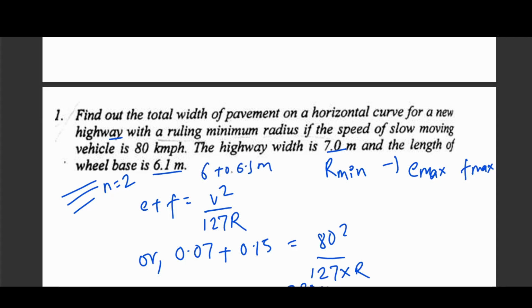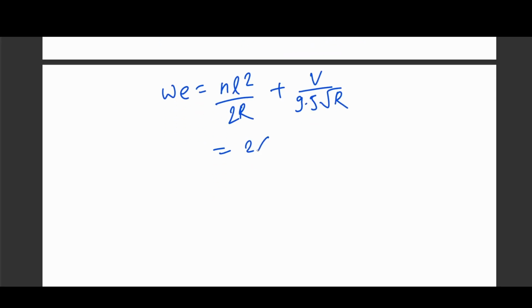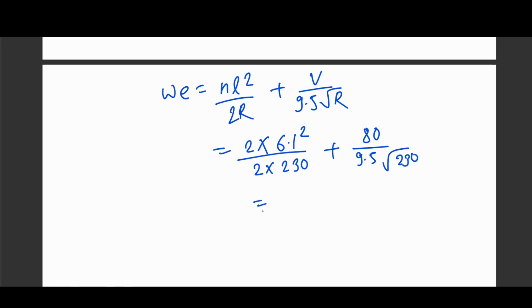This is a standard formula, so we need to remember it. So 2 into the length of the wheelbase 6.1 square, divided by 2 into 230, plus the velocity 80 divided by 9.5 root of 230. You can calculate this value as well.